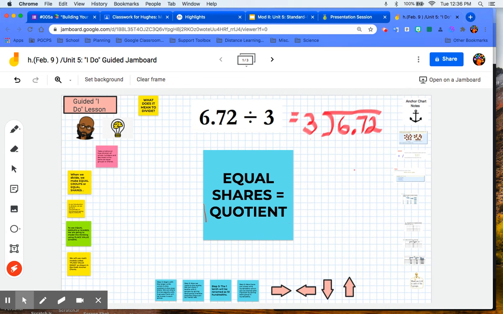That's a very important word because that is the answer in a division problem. It's called the quotient. And when you find the quotient, you're finding the equal shares. You found out how many groups are equal in the number you're dividing into.